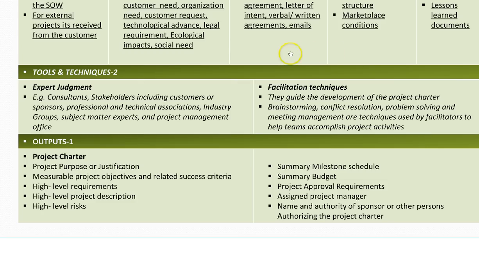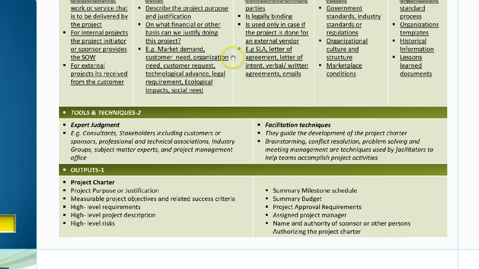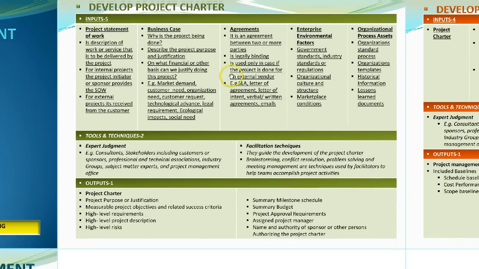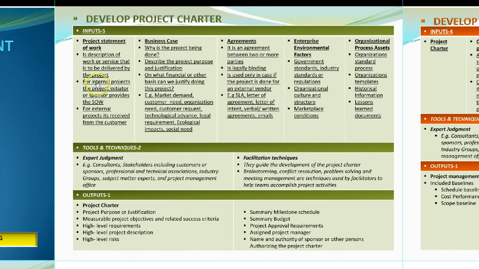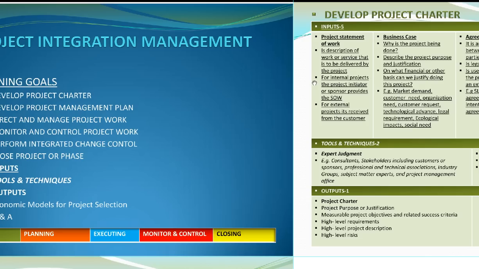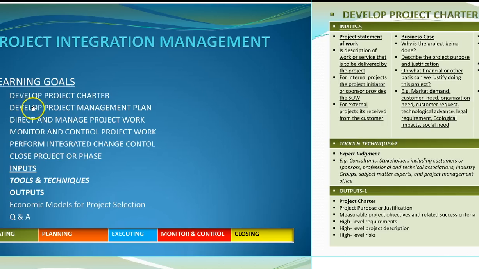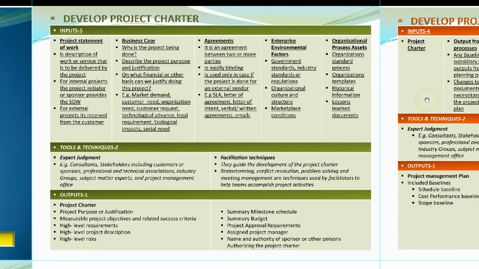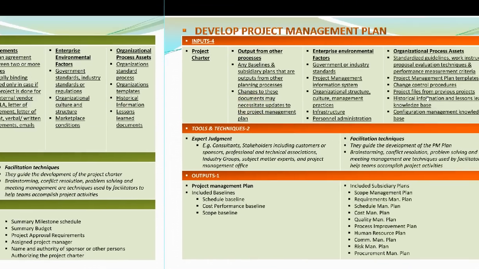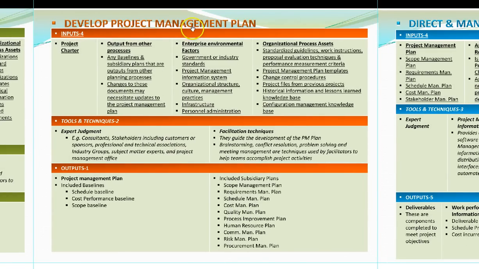Okay, so that takes care of the first process in project integration management. Now we jump to the next process, which is develop project management plan. And if you go and look over here, it's in the orange color.